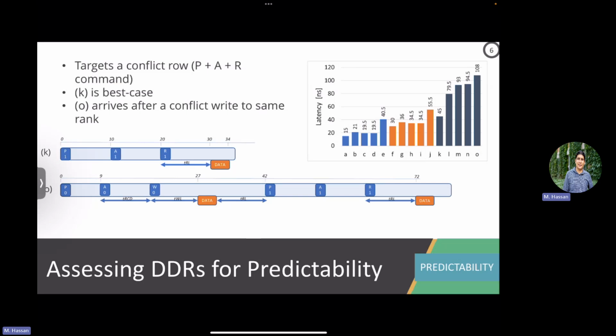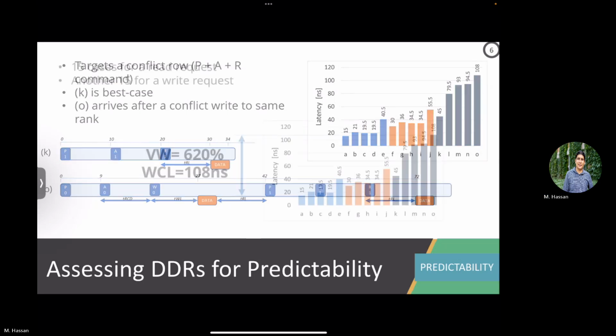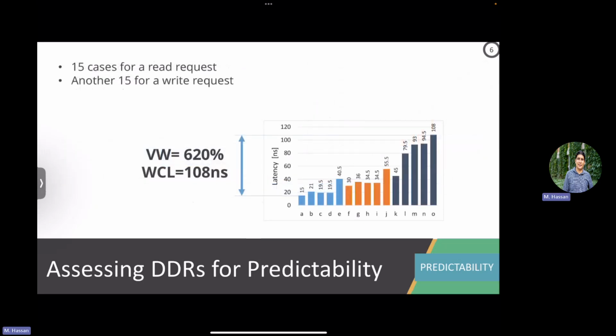It goes from 15 nanoseconds to 108 nanoseconds, again like a 10x, more or less 10x delay. These are in fact true numbers using DDR4, not hypothetical numbers. Here I'm just saying the variability window, the VW, is in fact a 600% difference in time.